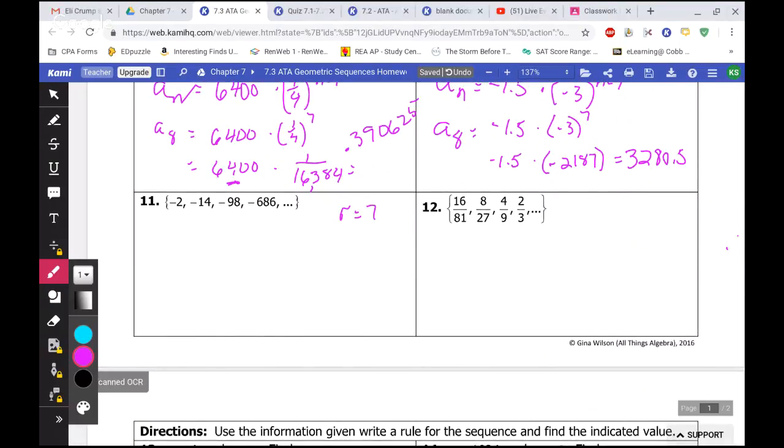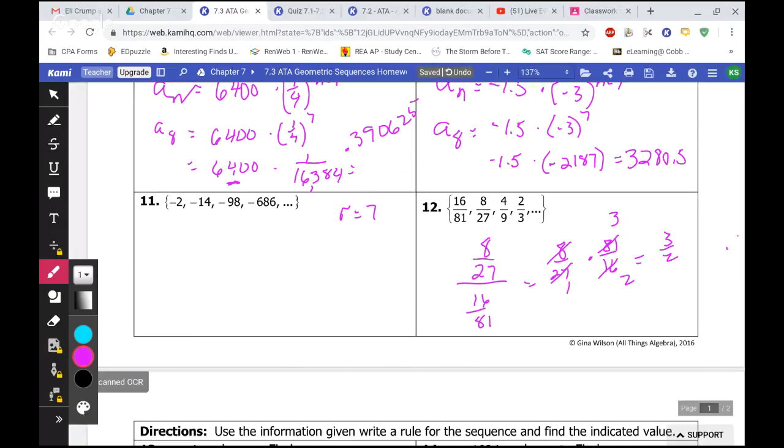And what I try to do with fractions, if I can get away from it, you could obviously do 8 over 27 divided by 16 over 81, which then looks like 8. Keep, flip, and then change. Which is 3/2. And you could do that to 4/9 as well.